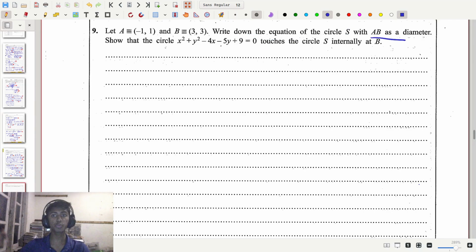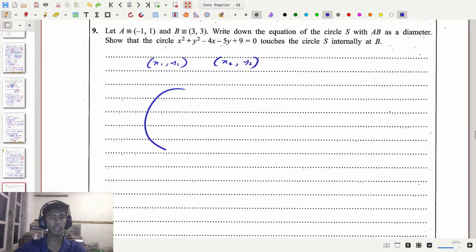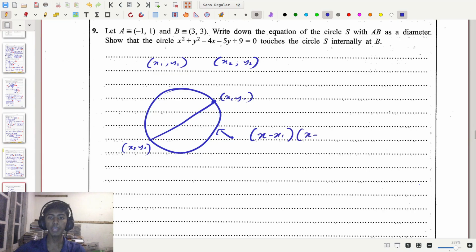From theory, if you have two points, say (x1, y1) and (x2, y2), and a circle that has these two points as the endpoints of a diameter, then the circle is given by (x minus x1)(x minus x2) plus (y minus y1)(y minus y2) equals 0.